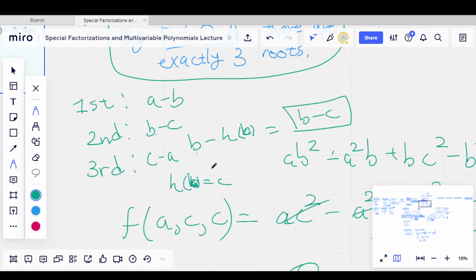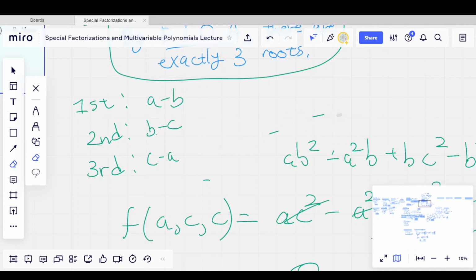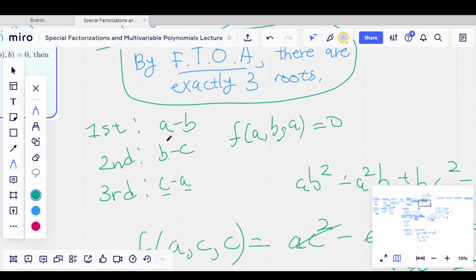For this, if you were to try it out on your own, you would have to find that f of a, b, a is 0, because we're replacing all instances of c with a. So just as a recap, wherever a appears, you have to replace it with b, and then wherever b appears, you have to replace it with c, and then c with a.